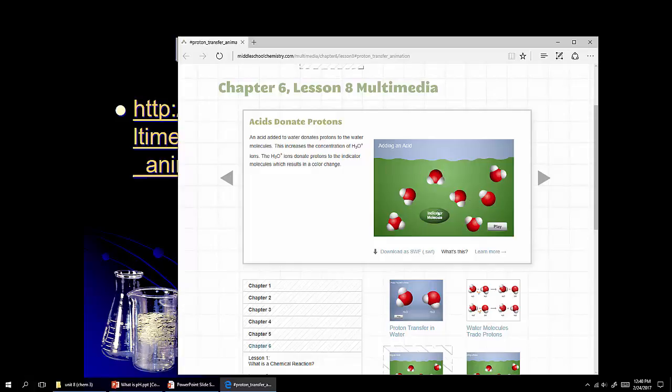So for example, we've got a bunch of water molecules here. We've got a solution that has indicator in it. And if we add some acids to it, notice the protons from the acids are given to the water molecules, and now we have a couple of water molecules that are H3O plus. They then get rid of their extra proton to the indicator, in your case to the strip, and it will change its color.